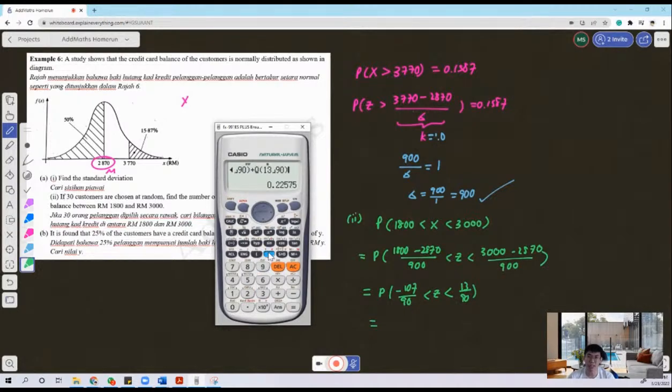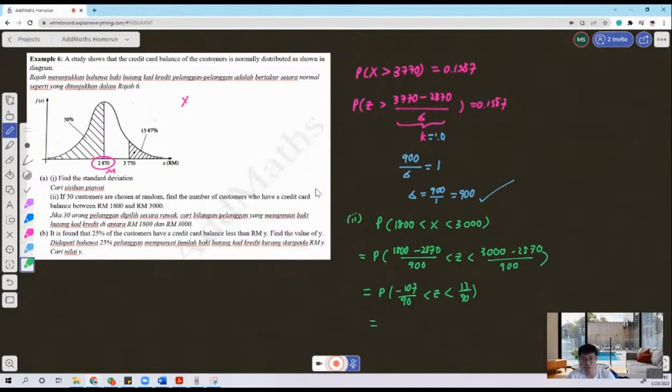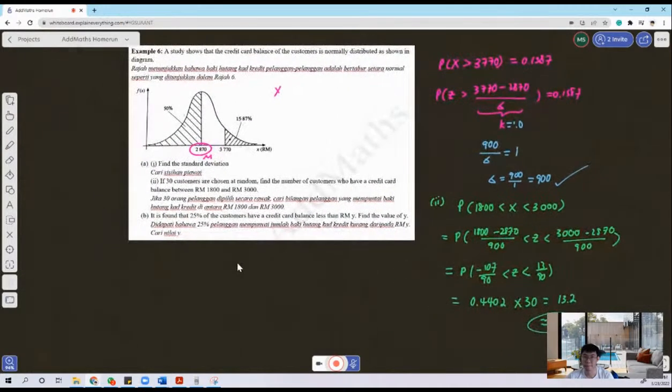I press equal and get an answer of 0.4402. And I times 30 customers, which gives around 13.2. So around 13 customers use the money from 1,800 until 3,000. Any questions?